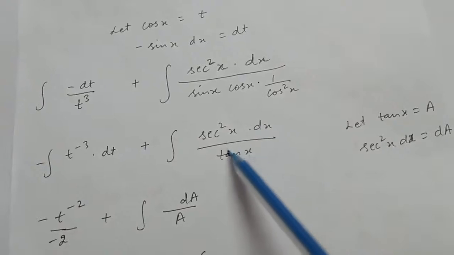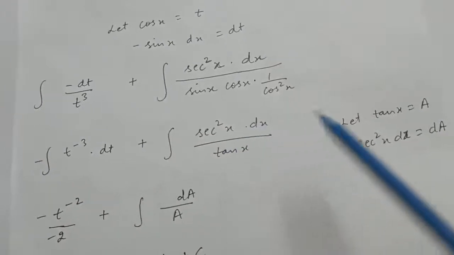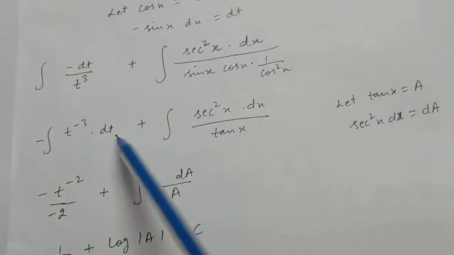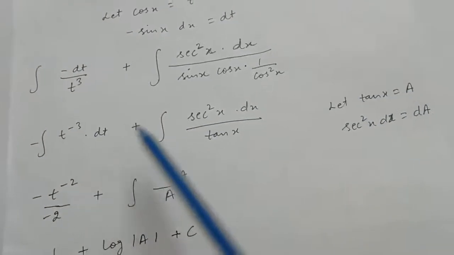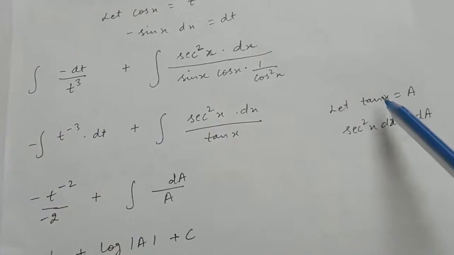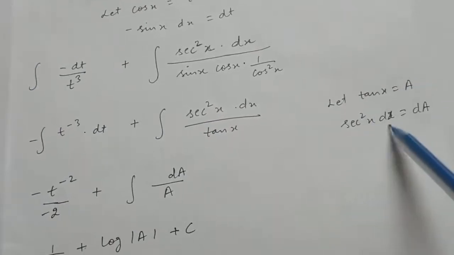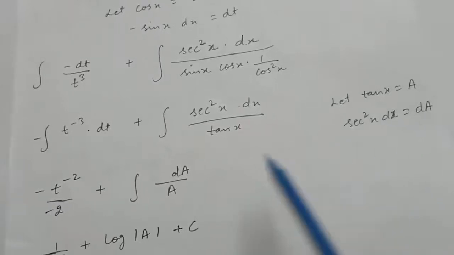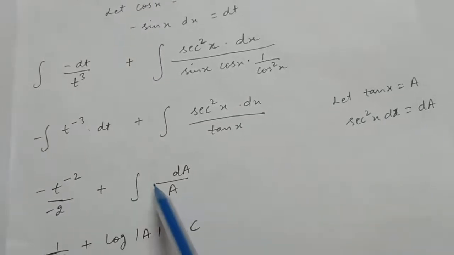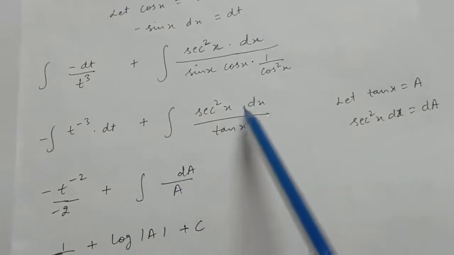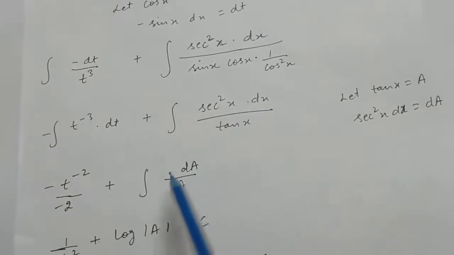Now we can substitute in this function also. Let tan x as a, because we have already used the variable t here, so use some other variable. So let tan x as equal to a, therefore secant square x into dx will be da. So you will get integral of, in place of tan x, a, and in place of secant square x dx, da.